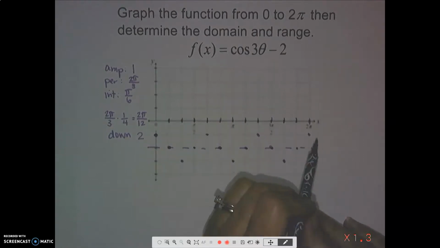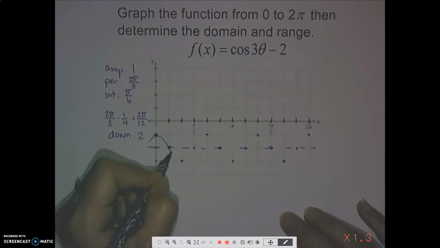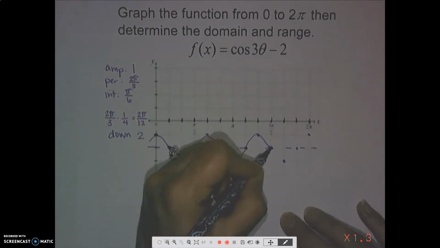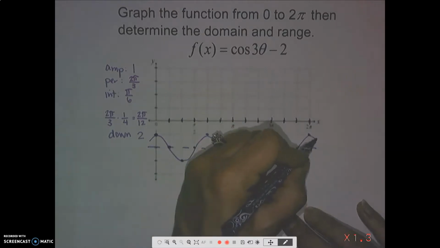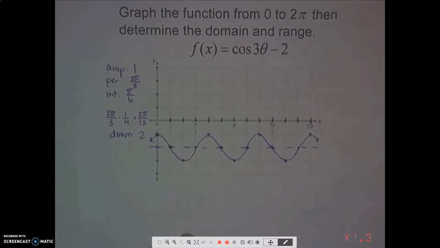By the time we made it to 2 pi, we've made 3 cosine curves. And again, they should have some curve to them. They shouldn't be just zigzags there. Okay, and so then that is our graph for that one.